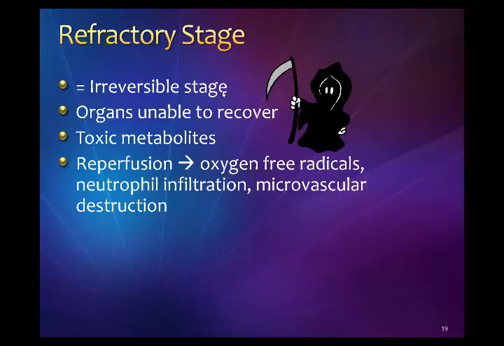Typically when they get to that point, it's hard to get them out of that. So those are the stages of shock, with the first one being very hard to notice, and the last one being impossible to reverse. So we're going to go ahead and talk a little bit about the different types of shock.